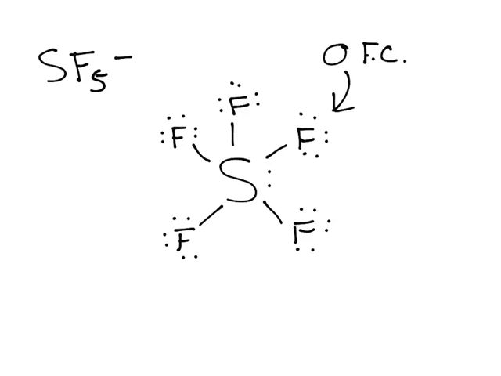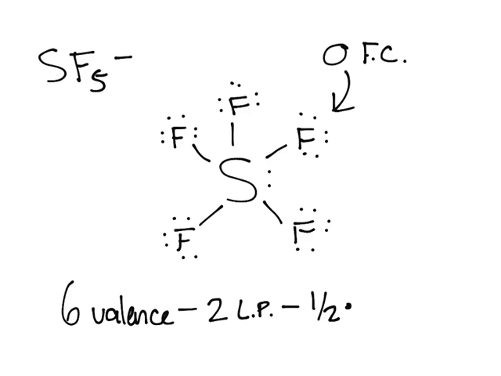Now let's do sulfur. So sulfur has 6 valence electrons minus 2 lone pair electrons, and then minus 1/2 of 10, because you have 10 electrons with the bonding, and so that actually gives you a -1 formal charge.